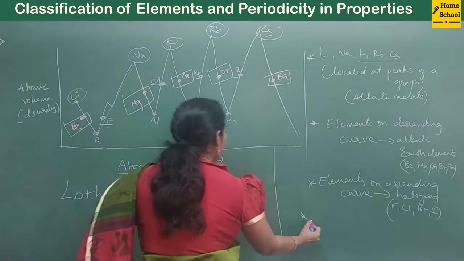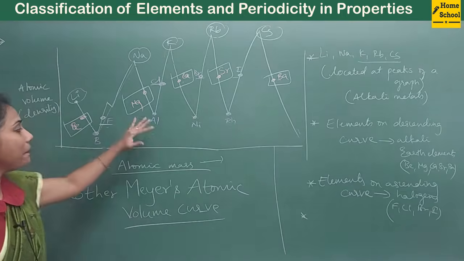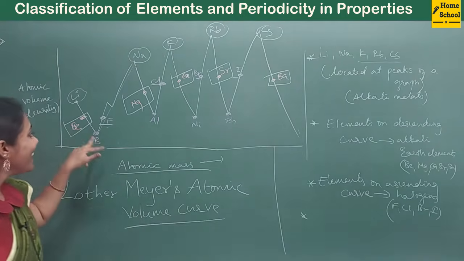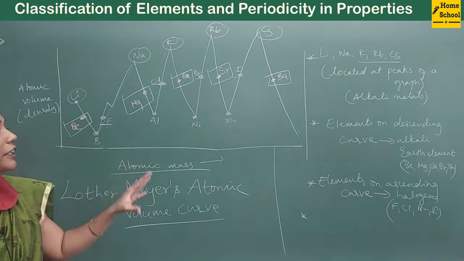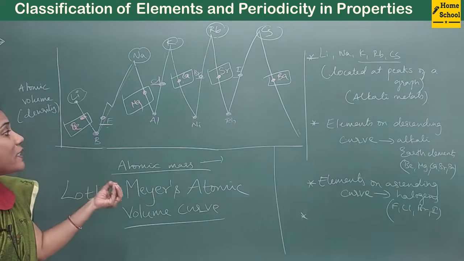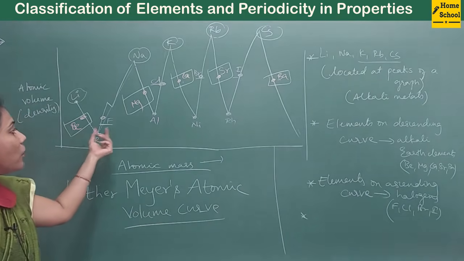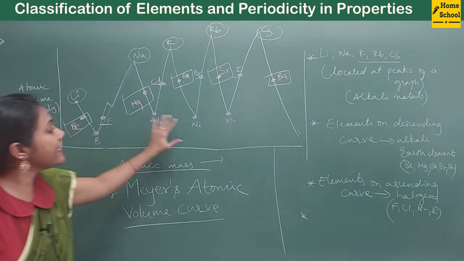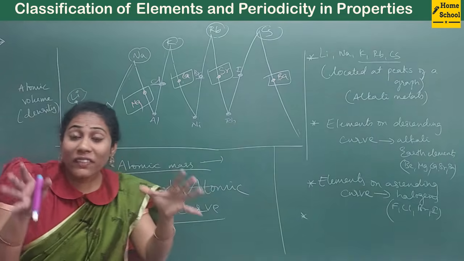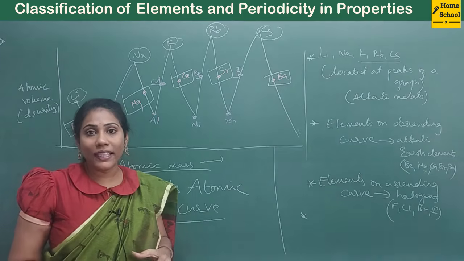And finally, you see the bottom of the curve. The lowest peak is occupied by the transition elements, the elements which we can call metalloids, right? In the modern periodic table you find these elements in between the S block and P block, or we can call them D block elements.